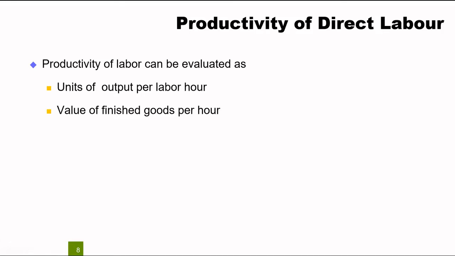If a person is attaching 100 pockets per hour, then the value of the work done is 100 into 50 paisa, which is 50 rupees. So that person is generating 50 rupees worth of value for you. Accordingly, you will pay that person. Obviously, you will not pay 50 rupees. You will pay less than that, 30, 35, 40 rupees. So you are taking the value of the finished goods per hour.